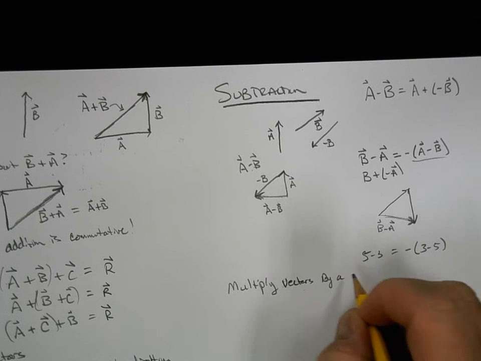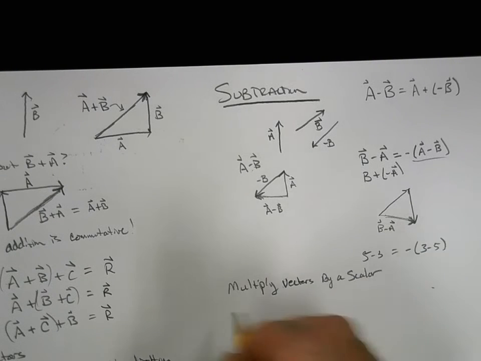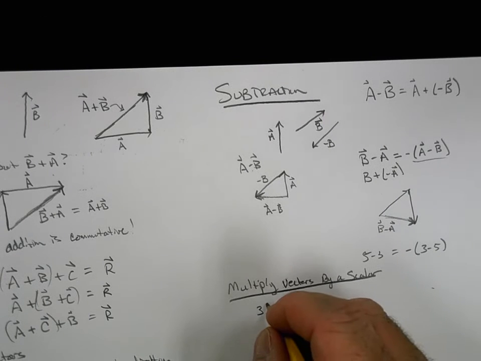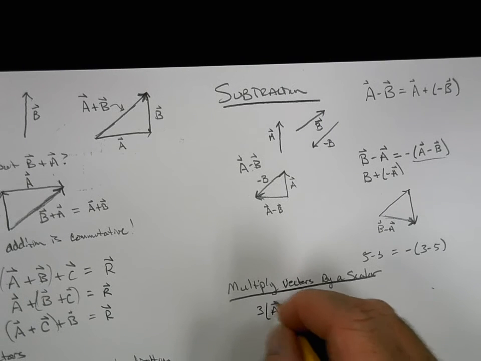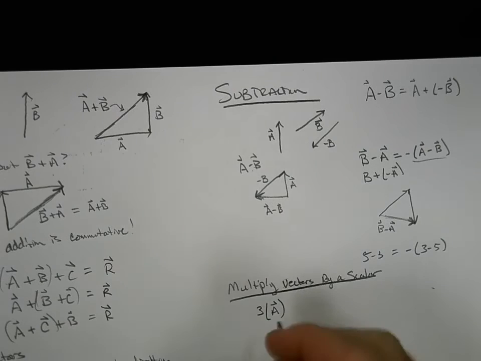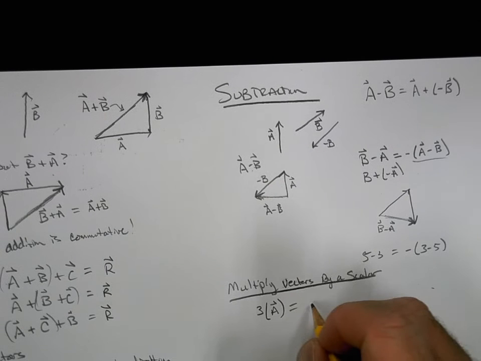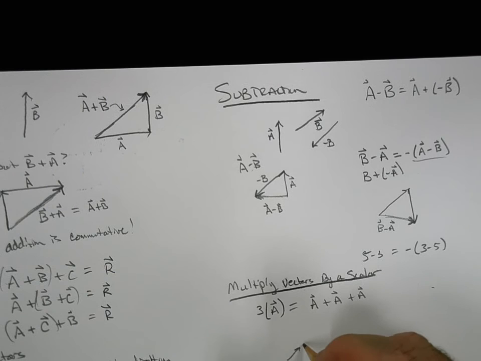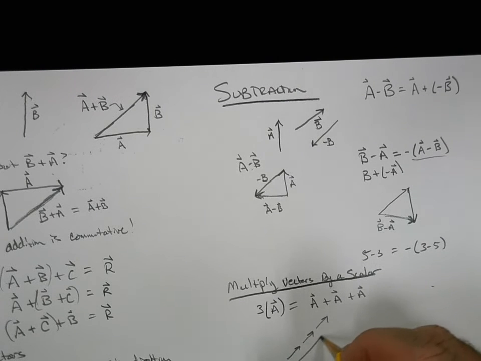If we multiply a vector by a scalar, 3 times vector A is the same thing as A plus A plus A, which is really just 3A.